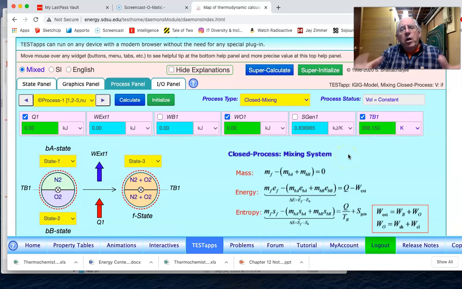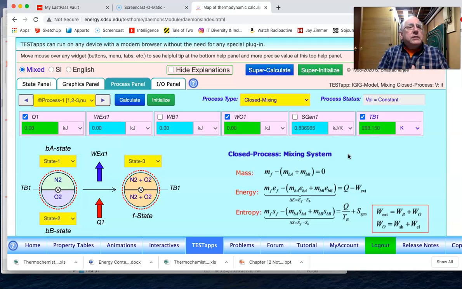What we are doing is going from one vessel that has only nitrogen in it and another vessel that has only oxygen in it, and we're now bringing those together into a third vessel.